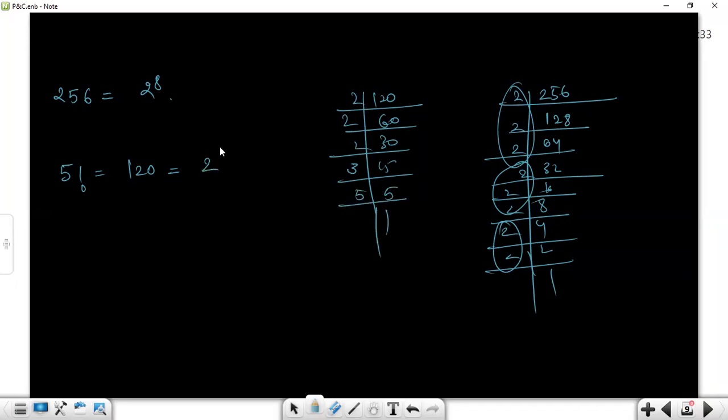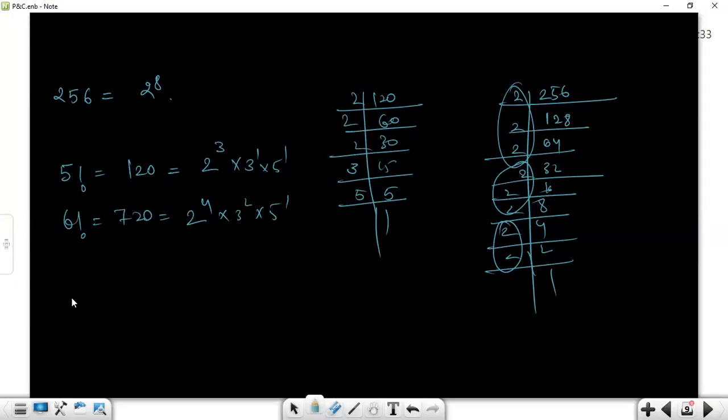So its prime factorization will look like 2 raised to power 3 into 3 raised to power 1 into 5 raised to power 1. So if we have to find it for 6 factorial, write 720 here, and it is 2 raised to power 4 into 3 raised to power 2 into 5 raised to power 1. That will be its prime factorization.